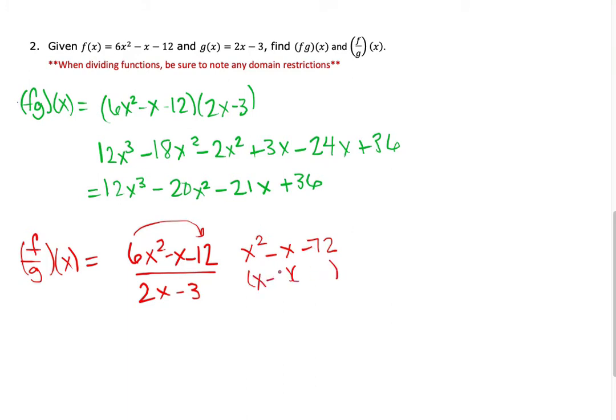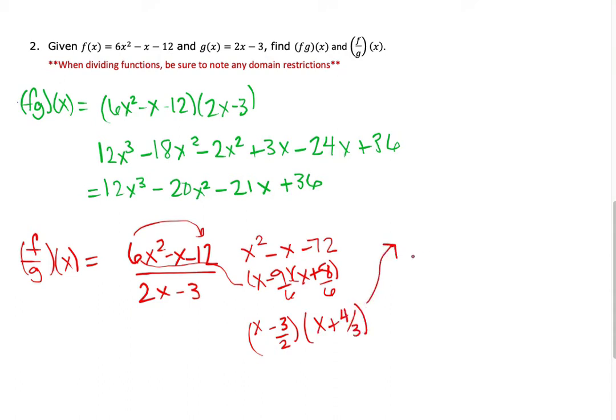Looks like I could do x minus 9 and x plus 8 because negative 9 times 8 is negative 72, and negative 9 plus 8 is negative 1. And then I have to remember to divide by my 6, which gives me x minus 3 over 2 and x plus 4 over 3.